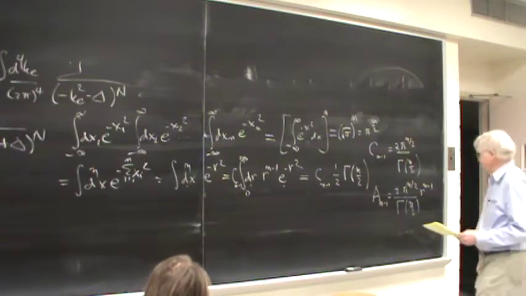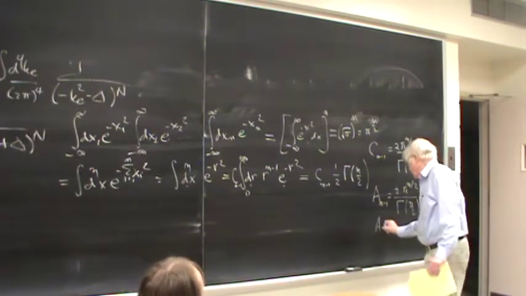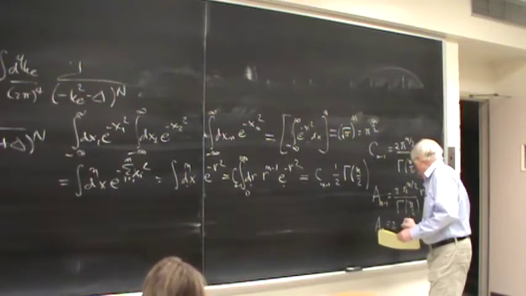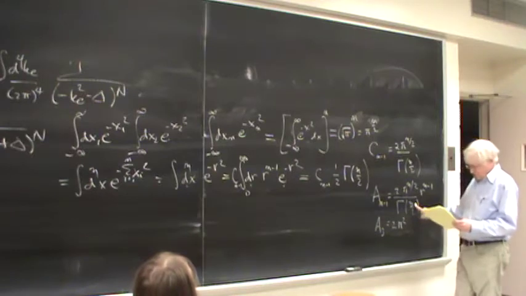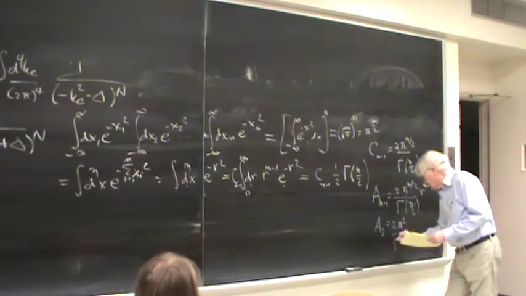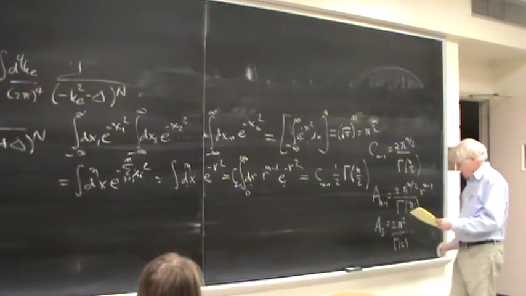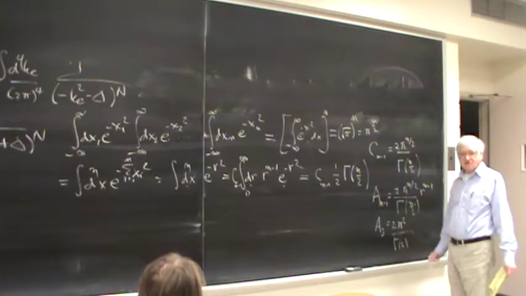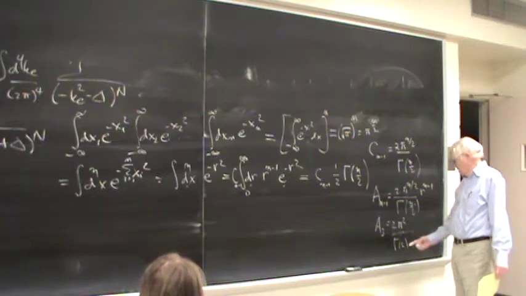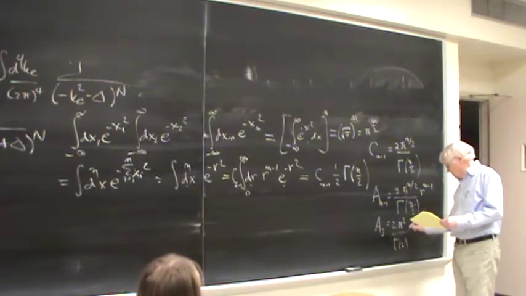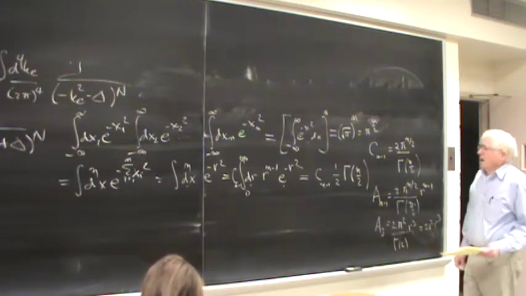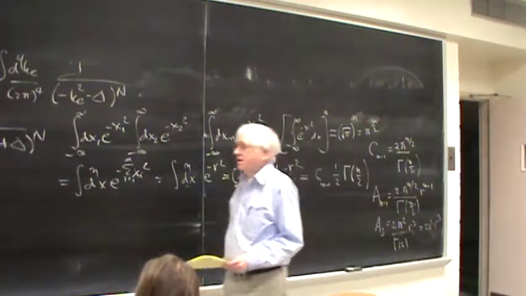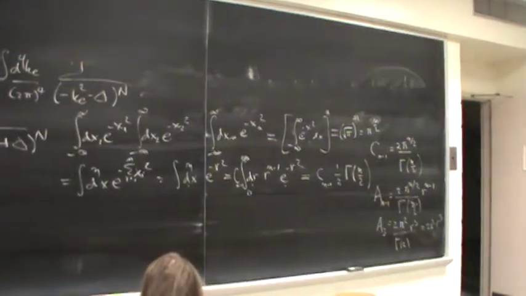And so in particular, A3 is 2 pi squared, and gamma of 2 is just, well, all right, let me write it as gamma of 2. And gamma of an integer is n minus 1 factorial, and so that's just 1. And this is, of course, r cubed. And so this is just 2 pi squared r cubed. Okay, so we can then try to make some sense out of this integral.